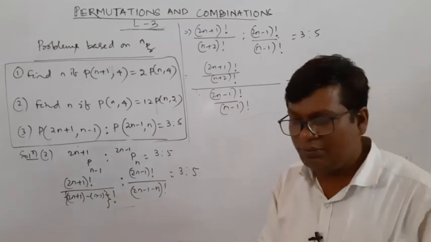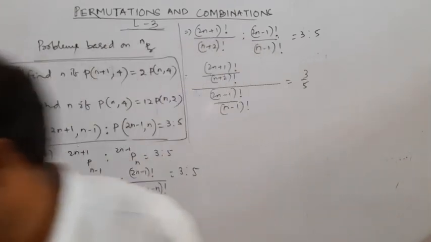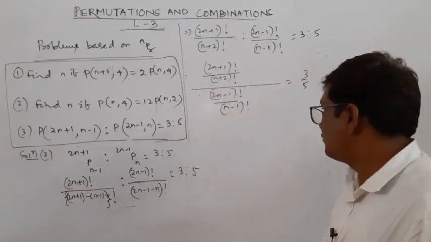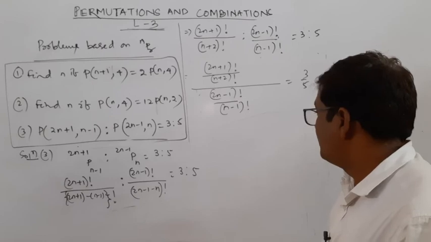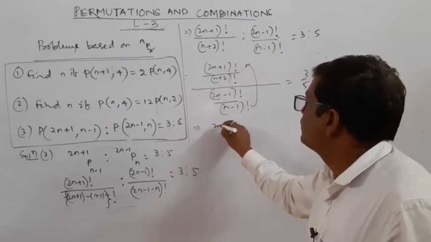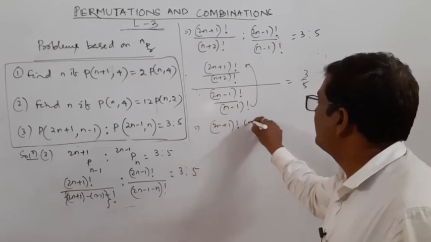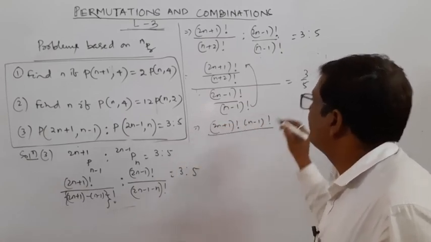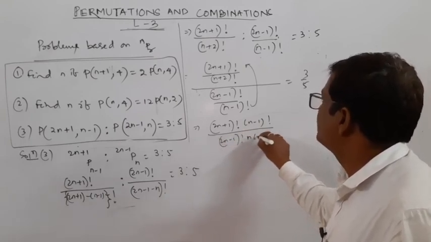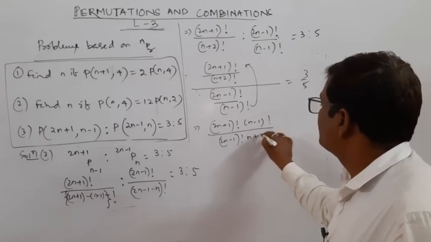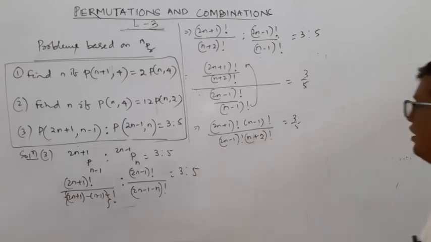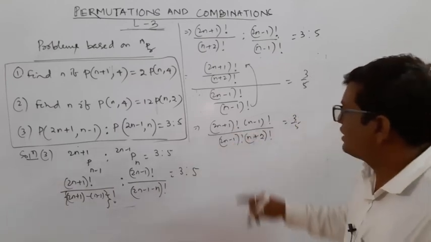So now simplify this. This implies (2n+1) factorial into (n−1) factorial divided by (2n−1) factorial into (n+2) factorial is equal to 3 by 5. Now which is greater? 2n+1 is greater, 2n−1 is smaller.